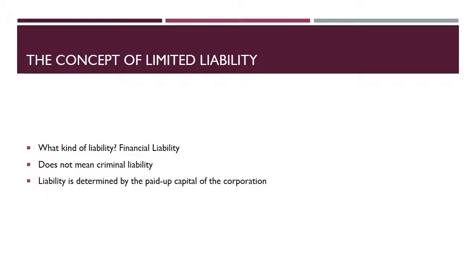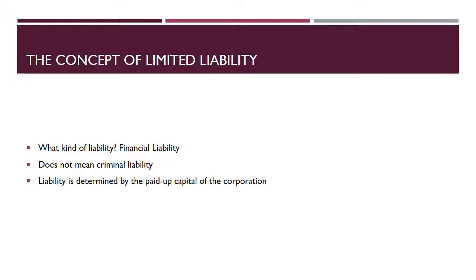So, for example, a corporation may engage in business with other people, and other people decide to file a lawsuit against the corporation. Let's say there's a judgment of $1 million against this corporation. If the paid-up capital is $100, the maximum amount which the creditors can recover is essentially $100, because it is the amount which you contributed to the corporation at the point of incorporation, and that is the amount that the corporation has.